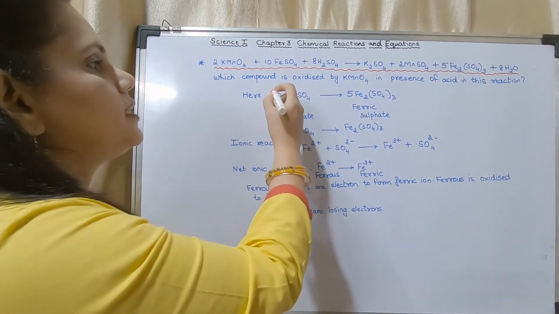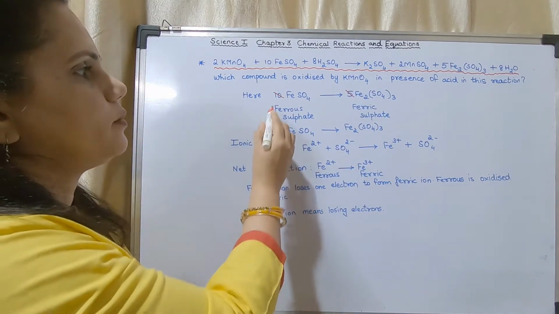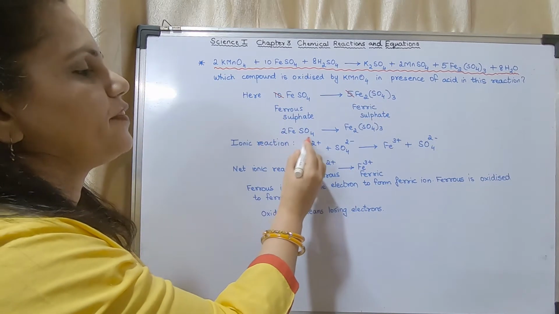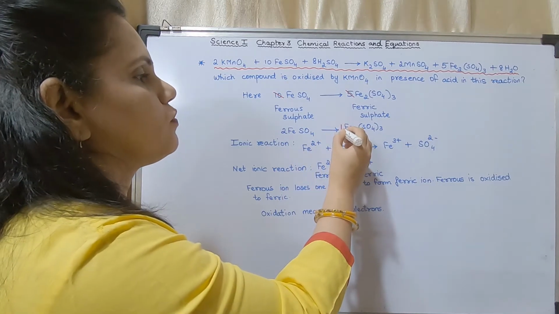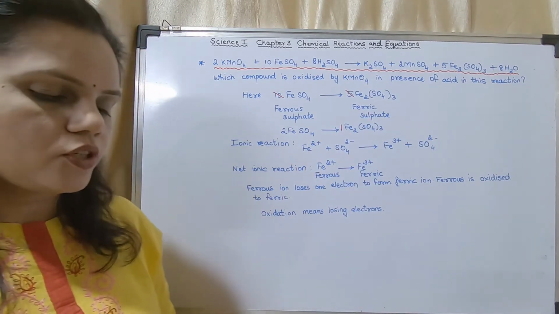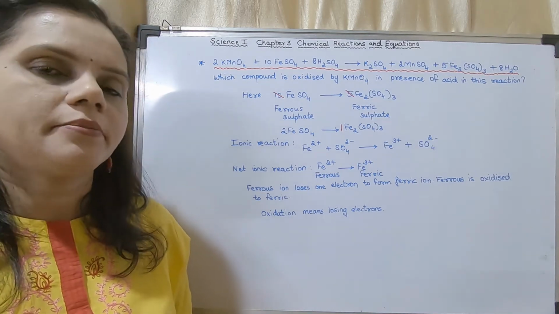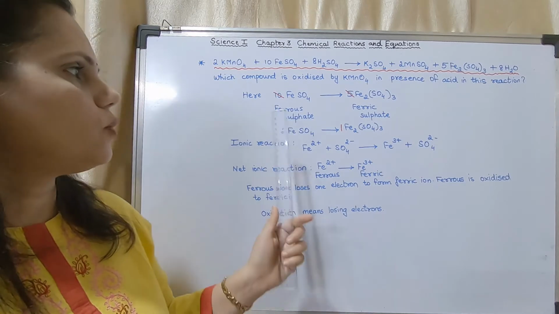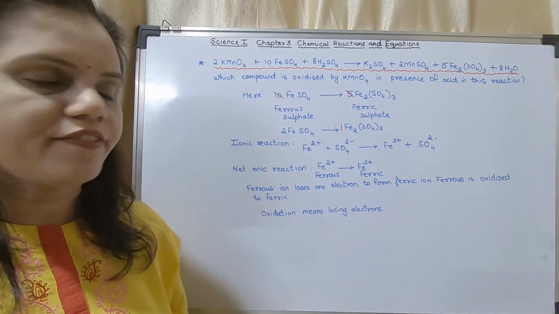So here this 10 and this 5 would get cancelled, and you will get 2FeSO4 equal to 1 Fe2(SO4)3. Even if you don't write that 1, it is okay. When there is no number, that means that it is 1. So ferrous sulfate is getting converted into ferric sulfate.